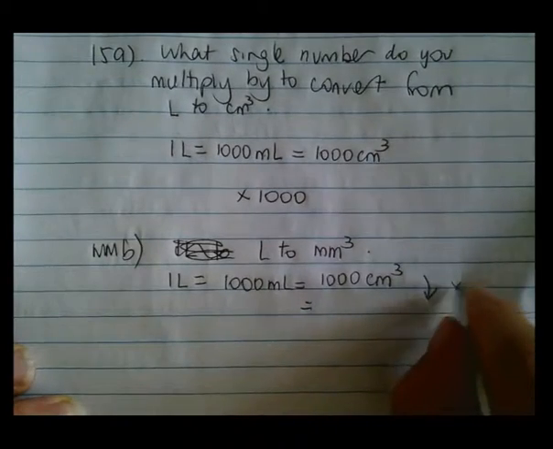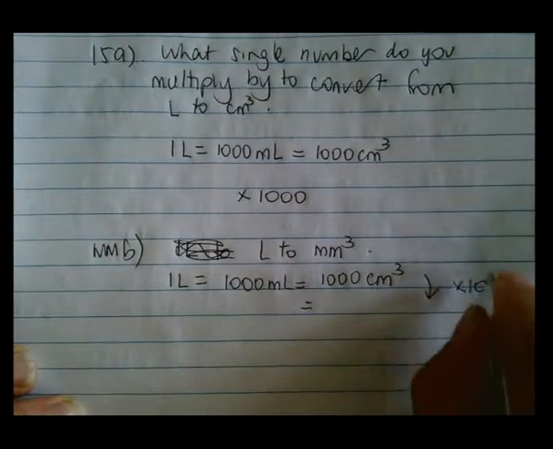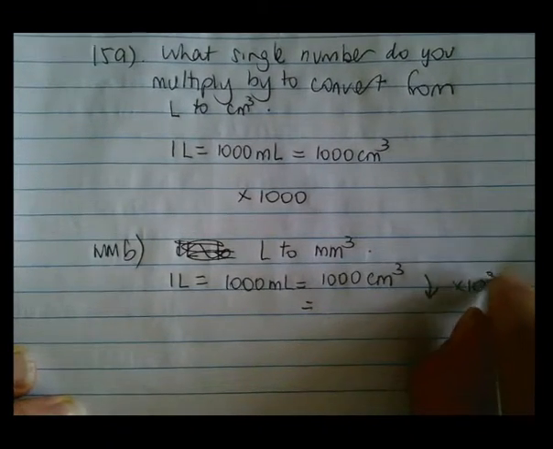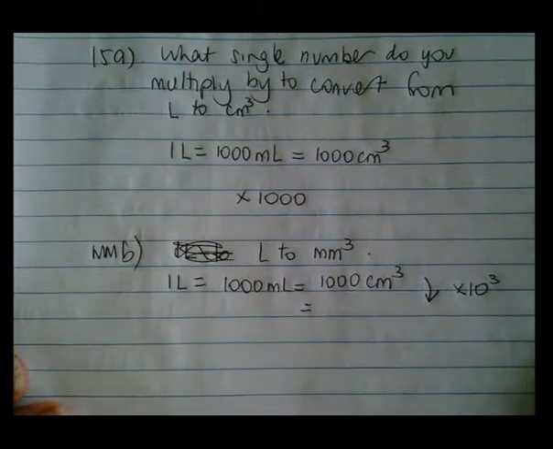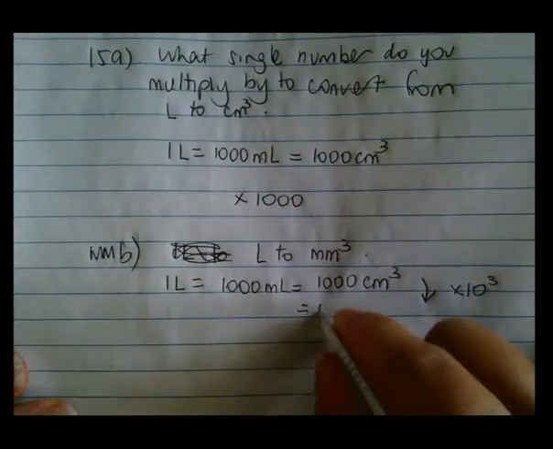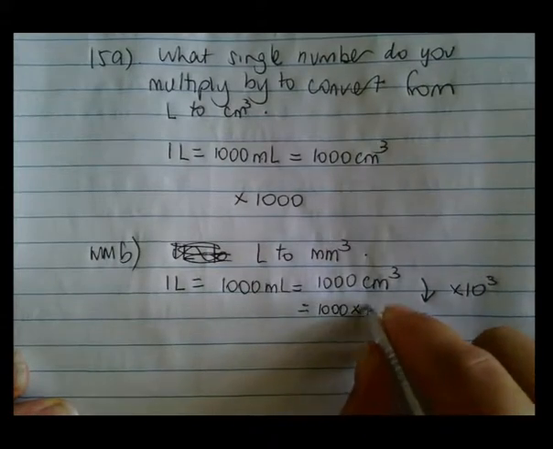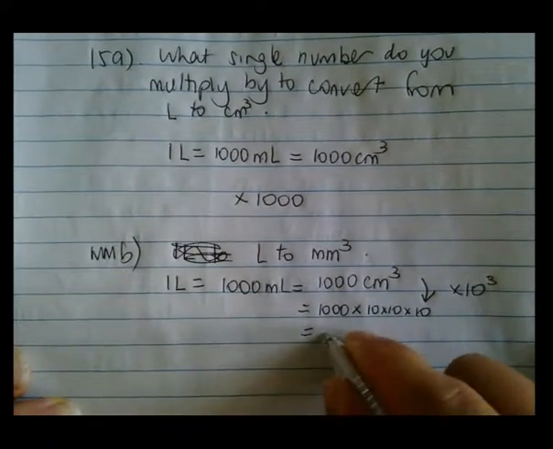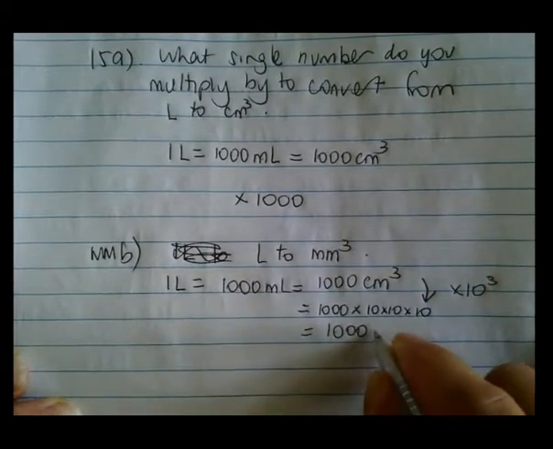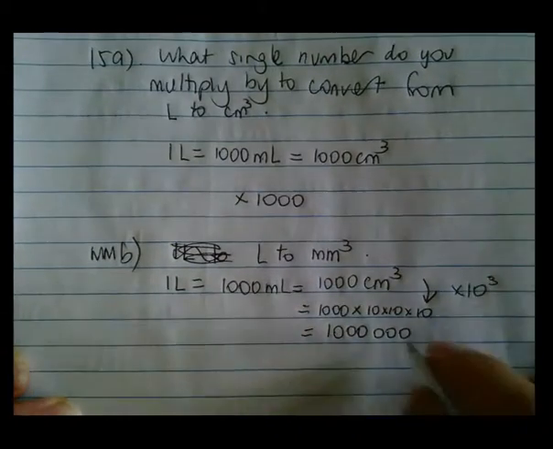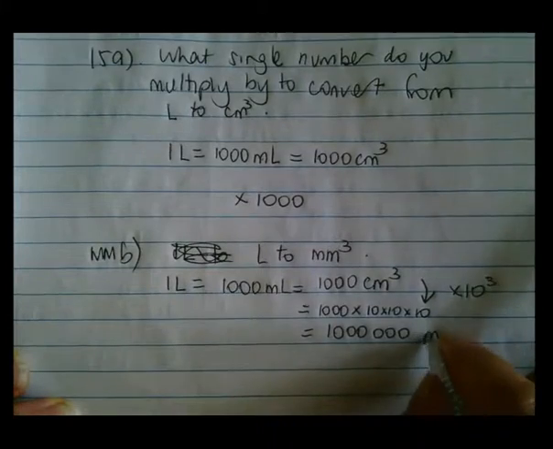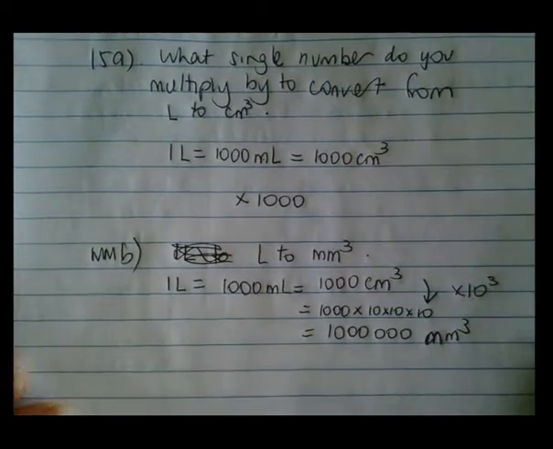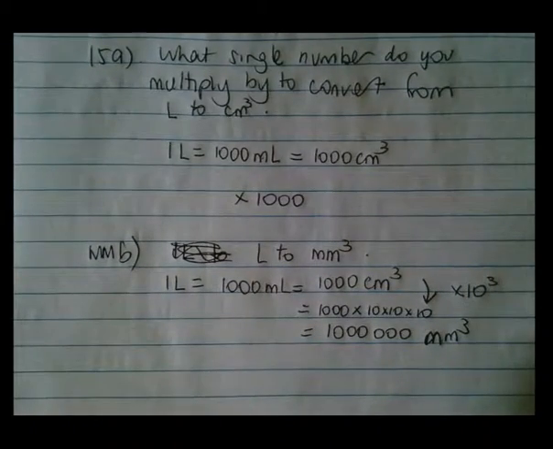Well, to convert centimeters to millimeters, you times by 10, but it's cubic units. Times it by 10 3 times, or 10 cubed. So we're going to times it by 10 cubed, or 10 times 10 times 10, which is 1,000,000. So if you want to convert from liters to millimeters cubed, you multiply by 1,000,000.